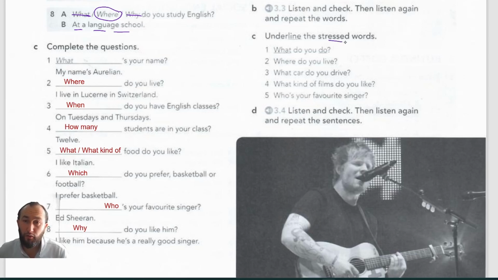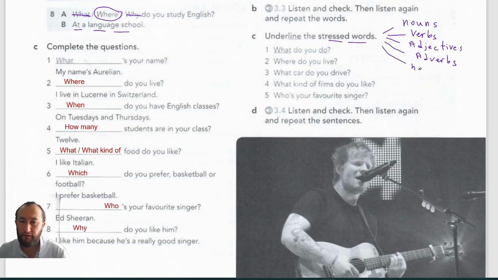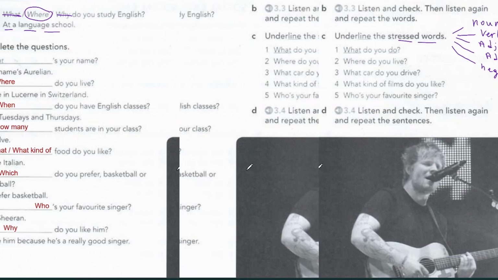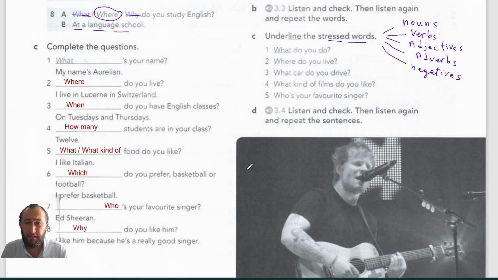Stressed words are usually nouns, and verbs, adjectives and adverbs, and negative auxiliaries. I'm just gonna write negatives, guys. Because these words carry meaning, unlike prepositions, articles, or pronouns. These small words we don't stress because they don't carry the main meaning.